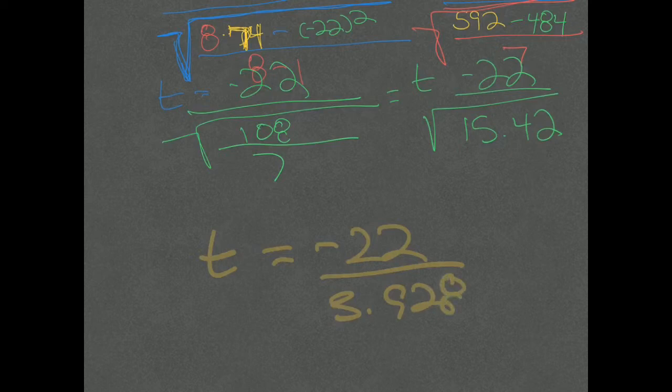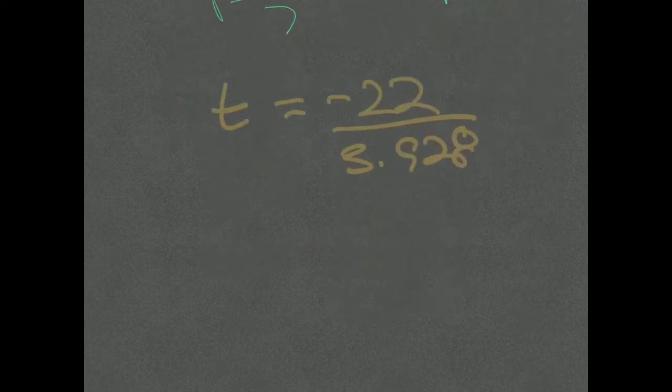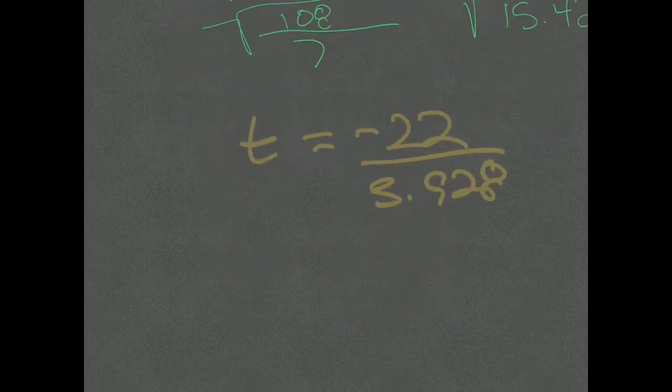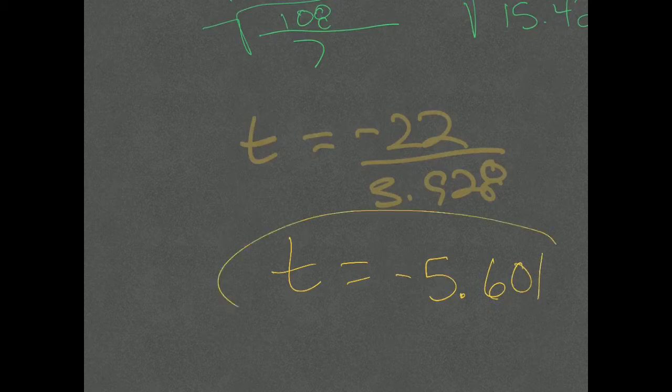And now, going back to chalk, maybe. Sorry, I am not that great sometimes with this. All right, fine. Yes, t equals negative 5.601. Yay!